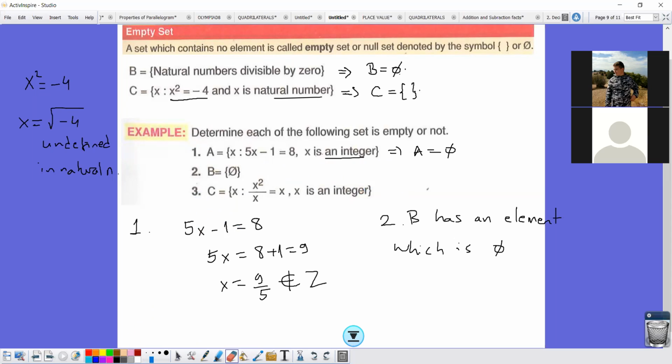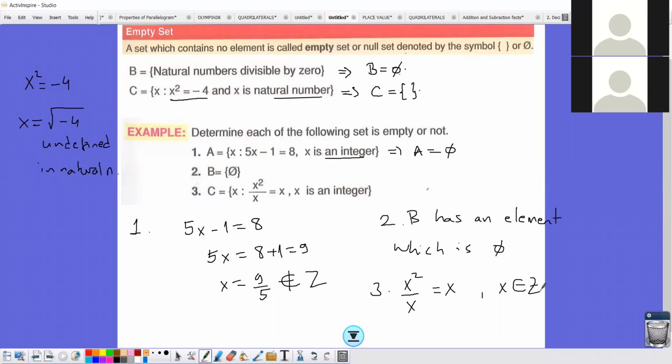And what about the third one, C? Firstly, we should solve the equation: x squared over x is equal to x, and x is an integer. Is there any x that will satisfy this one, an integer number?